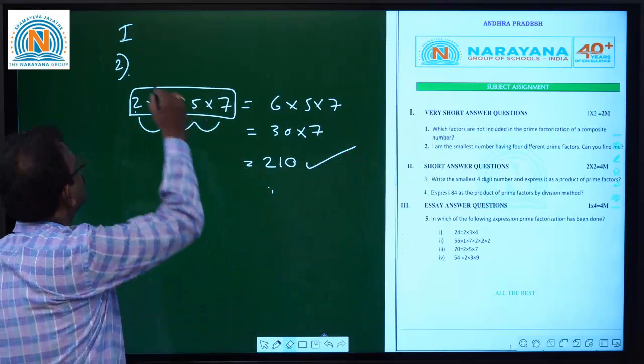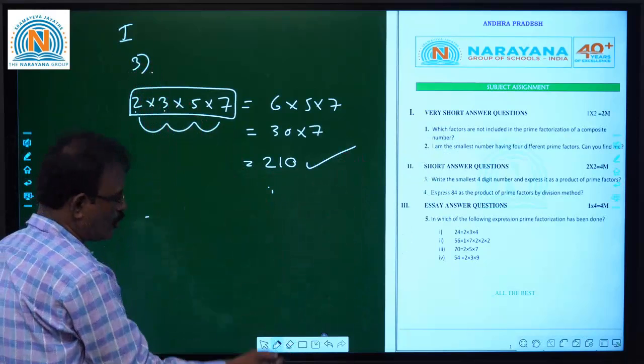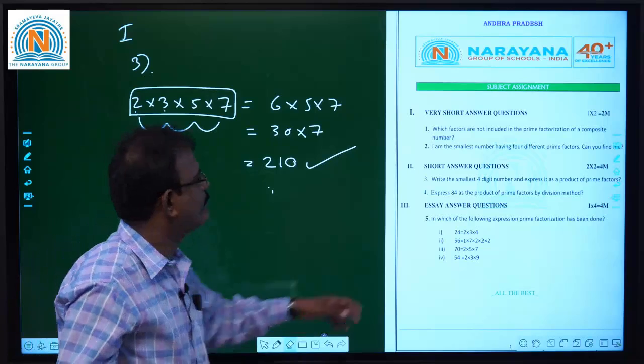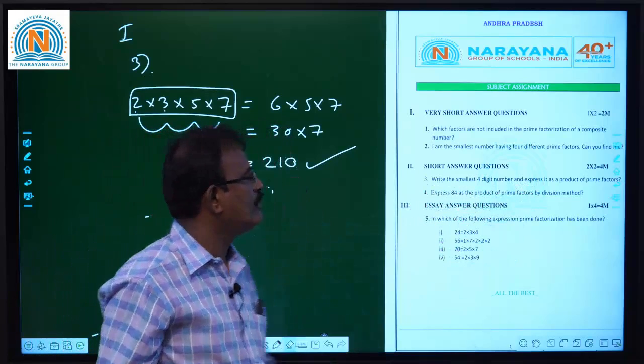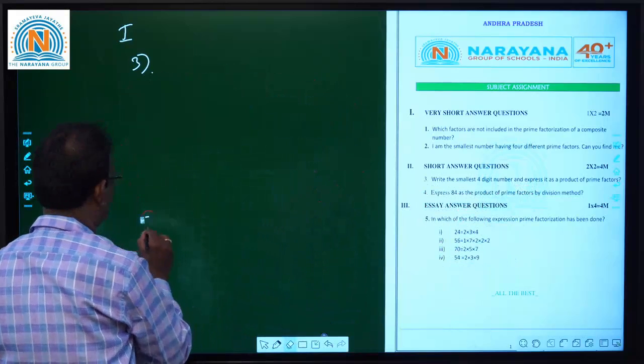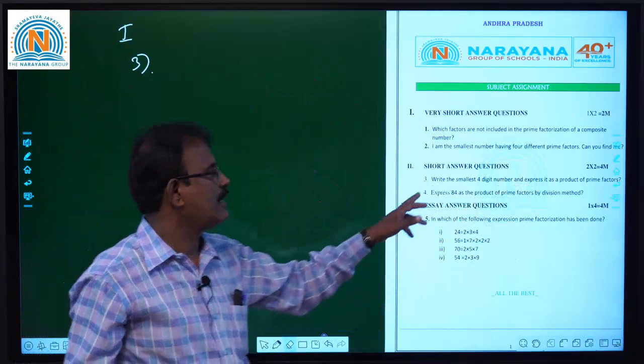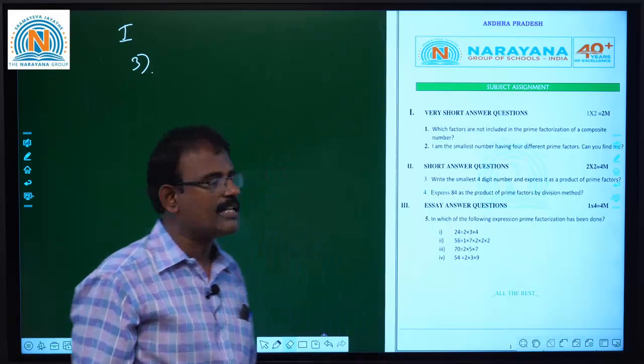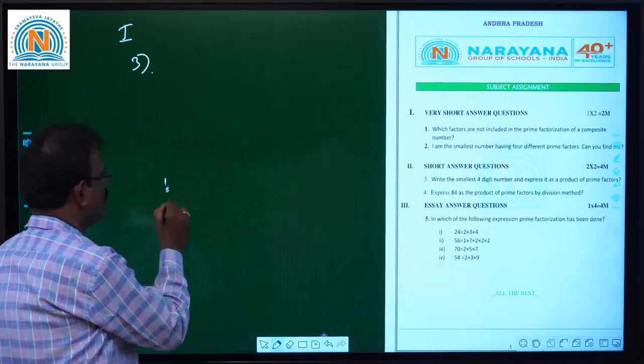So our next question is the third one. Write the smallest 4-digit number. What is the smallest 4-digit number, children?